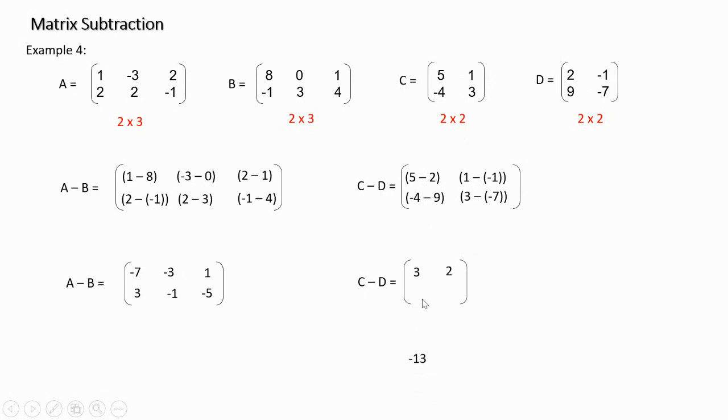Negative 4 minus 9 will give us negative 13. And 3 minus negative 7 will give us a positive 10. So this is my result. And again, A minus C is not possible because matrix A is a 2 by 3 and matrix C is a 2 by 2, not the same size, so it cannot be done.